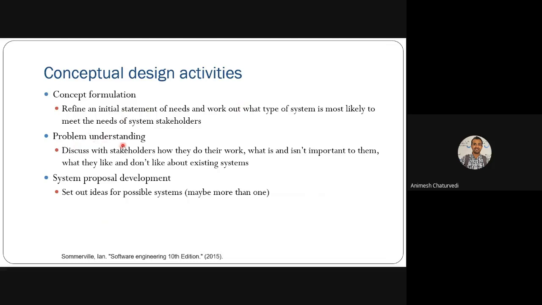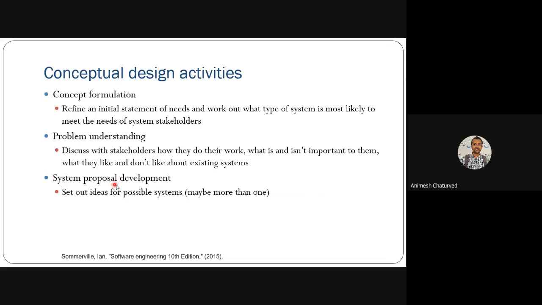Then problem understanding: what problems the stakeholder wants to solve with that product, how they will be helped, and how the system should work for the particular stakeholder. Then what the product is expected to do, and what it is not expected to do. All these are formulated under the problems, along with the likes and dislikes of the stakeholders about the system. So you need to consider all of this while defining the problem of that system.